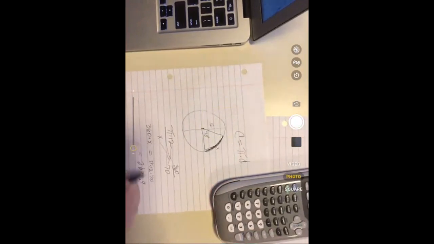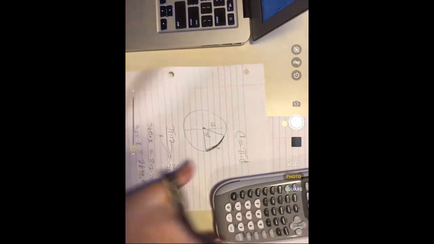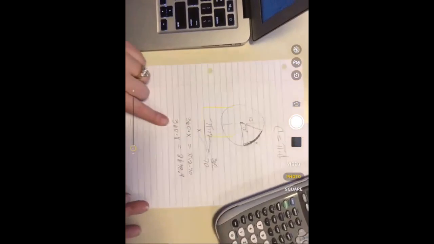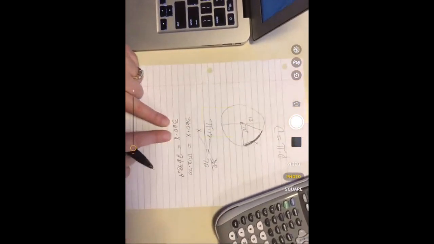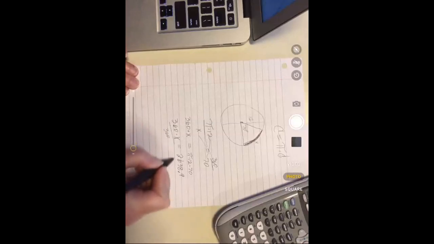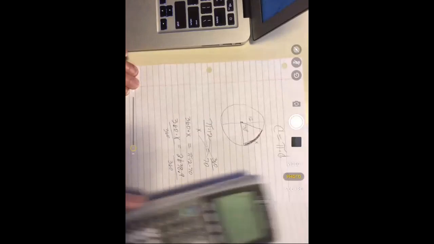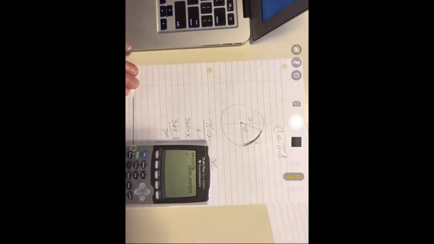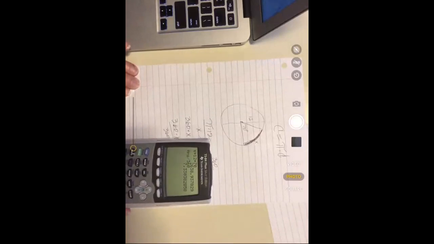And that equals 360 times x. Just like when we were solving an equation, to get the x alone, I have to divide by 360. So 2638.9 divided by 360 is approximately 7.33.